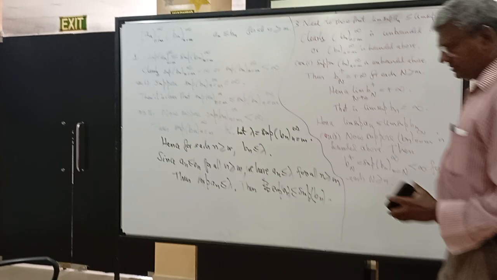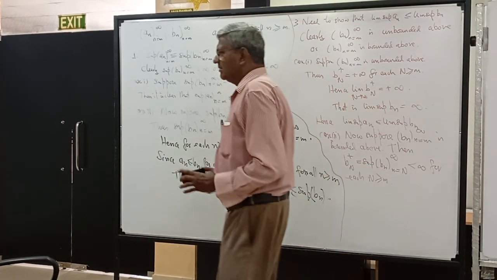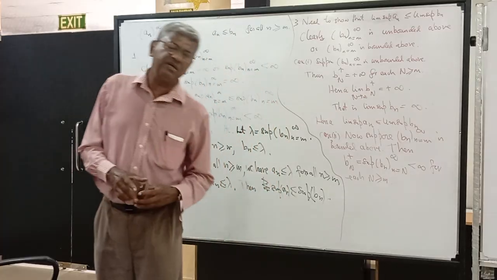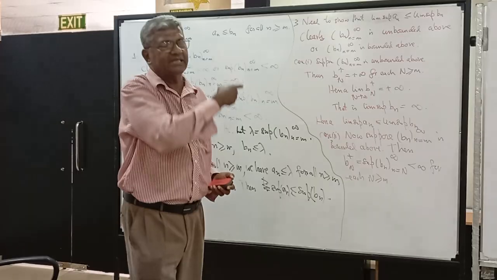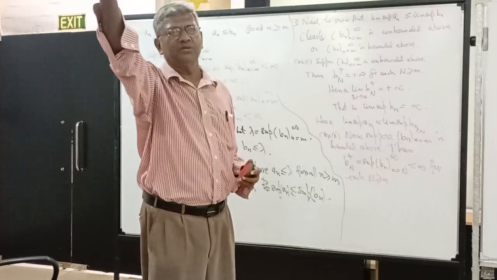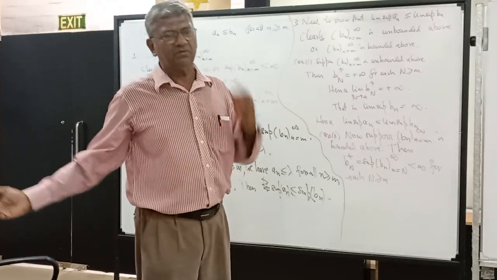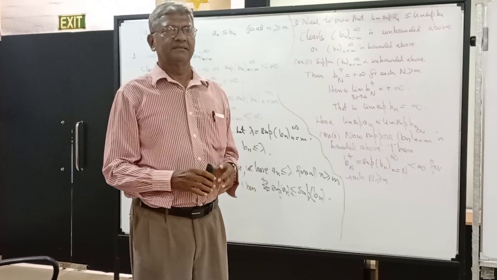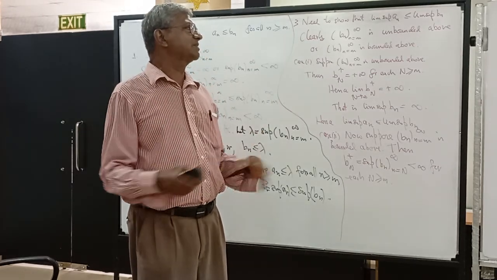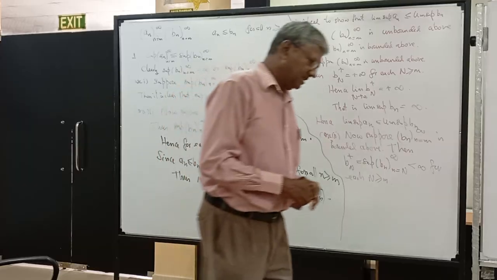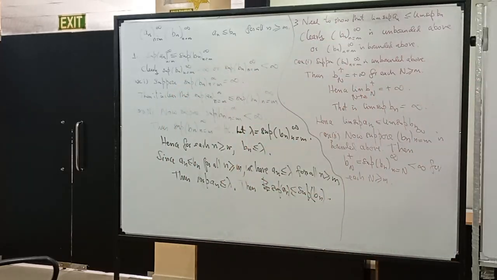Again I added that even if it is unbounded above, then it has a subsequence that diverges to plus infinity. If it is unbounded below, it has a subsequence which diverges to minus infinity. So it's sort of an amazing result. Every sequence has a subsequence which has a limit, finite or infinite.